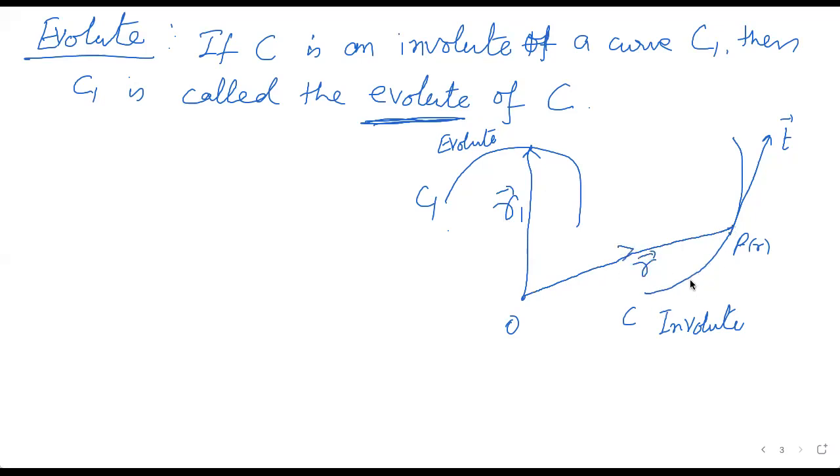It is your original curve C, and its evolute is C1. Suppose this point is P with position vector R, and this is some point P1 with position vector R1. Now my suffix will come on the evolute, because I want to find the evolute, so the suffix 1 represents the evolute curve.